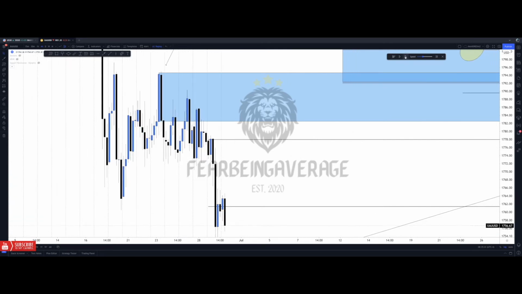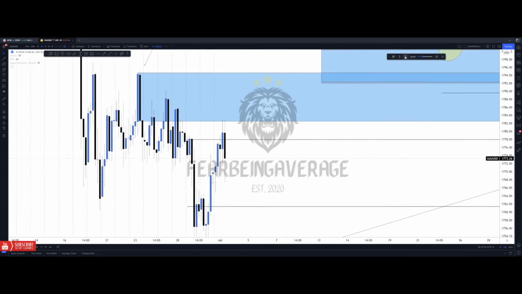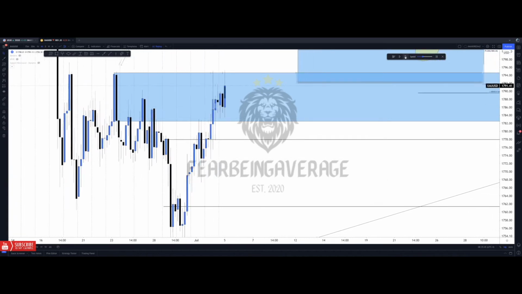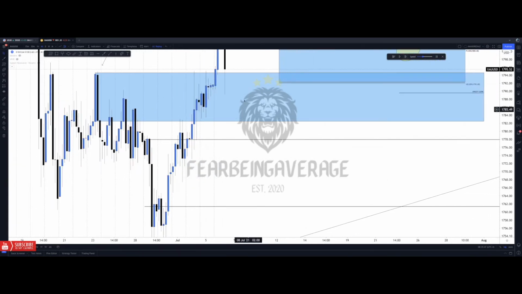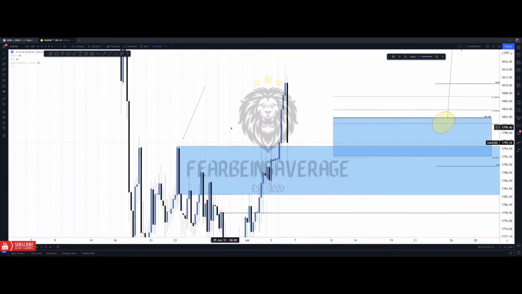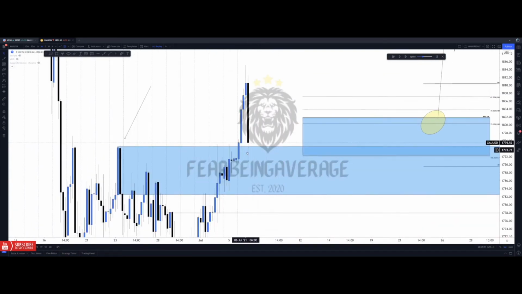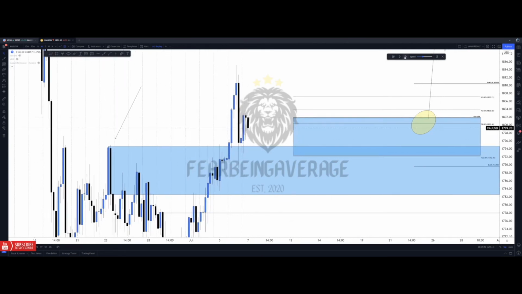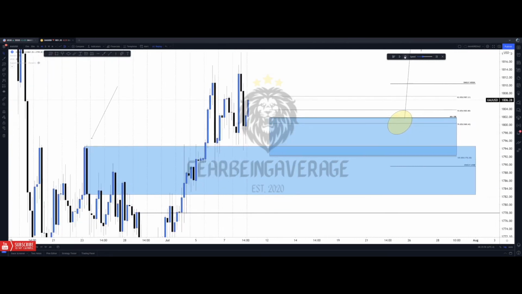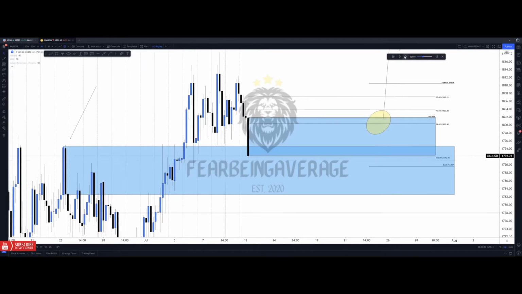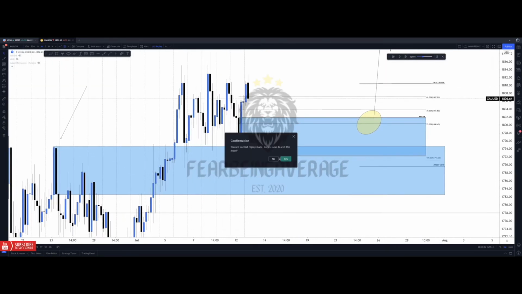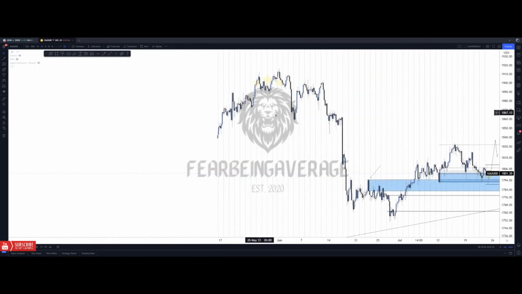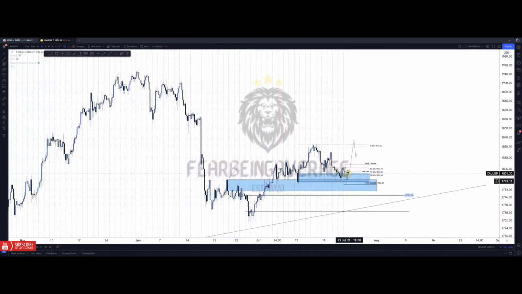But it eventually got broken through. And when an order block is broken through, it doesn't necessarily mean it can never be traded again, because as you can see, price came to it again after having that push above it, rejected it before potentially pushing higher. And in this case, price started to push above it and now is rejecting it again.